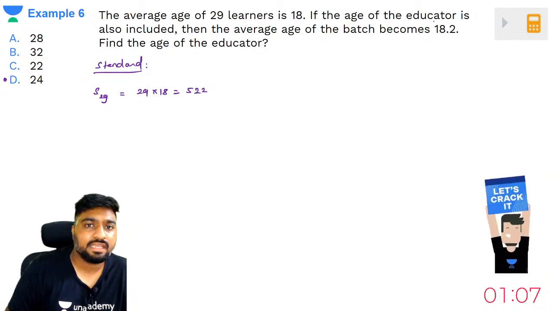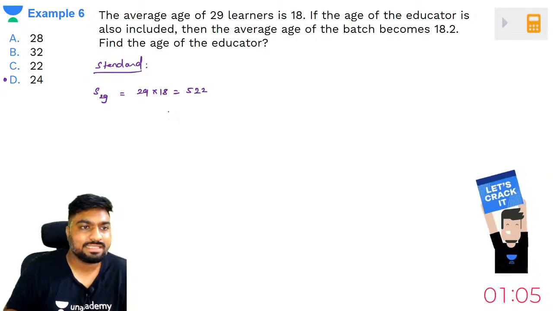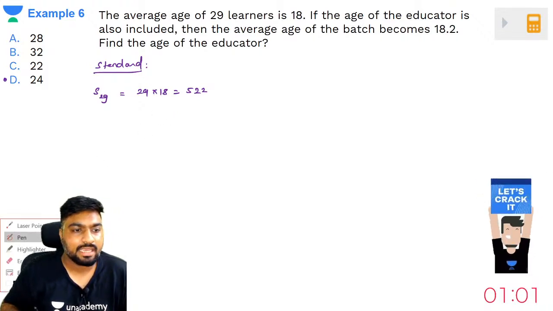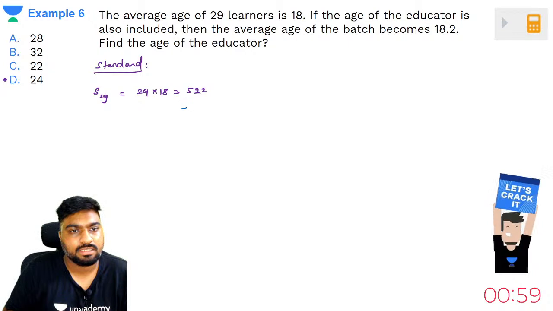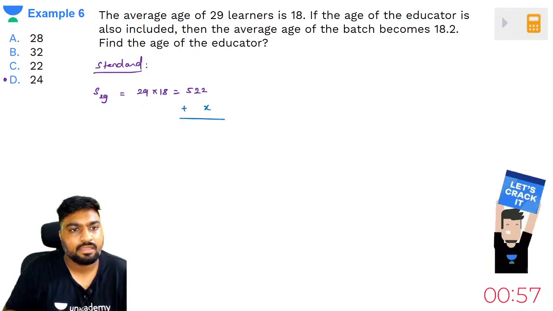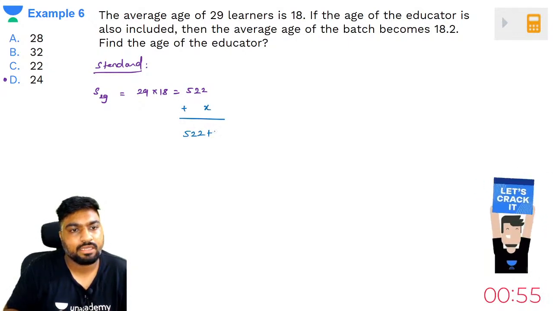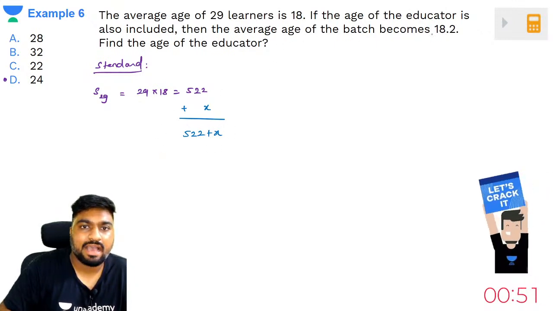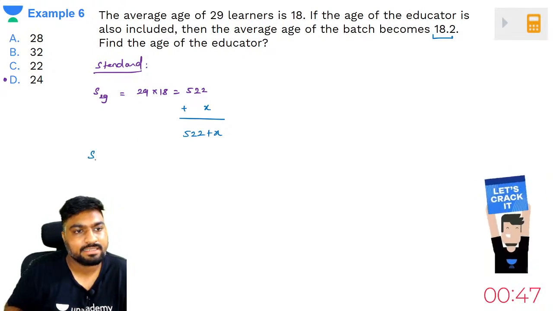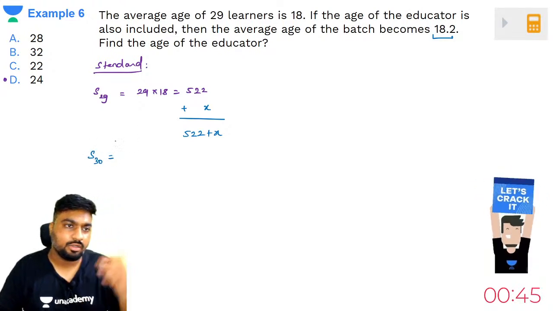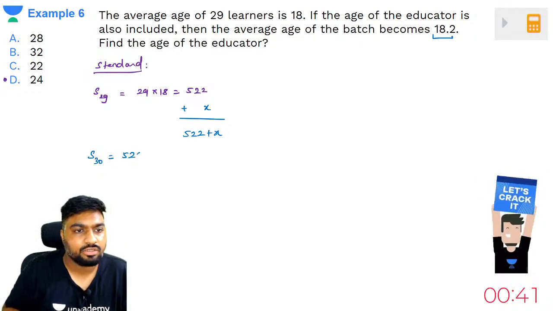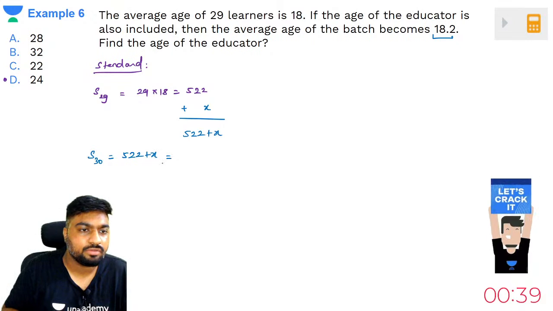Now if the age of the educator is also included, let's say educator's age is X. If I include this X also, then the overall age becomes 522 plus X. This is what the average becomes: 18.2. So sum of 30 people now, 29 students and 1 educator, is 522 plus X, which is going to be what?